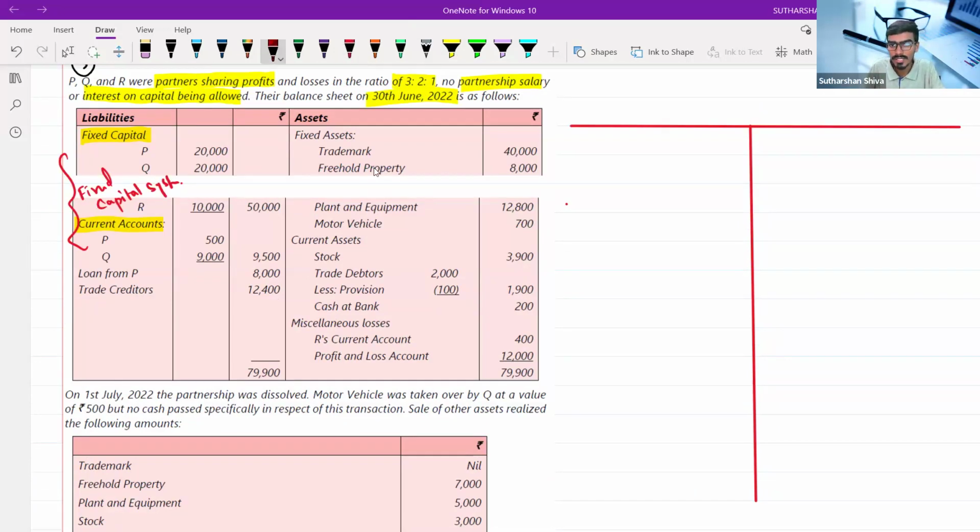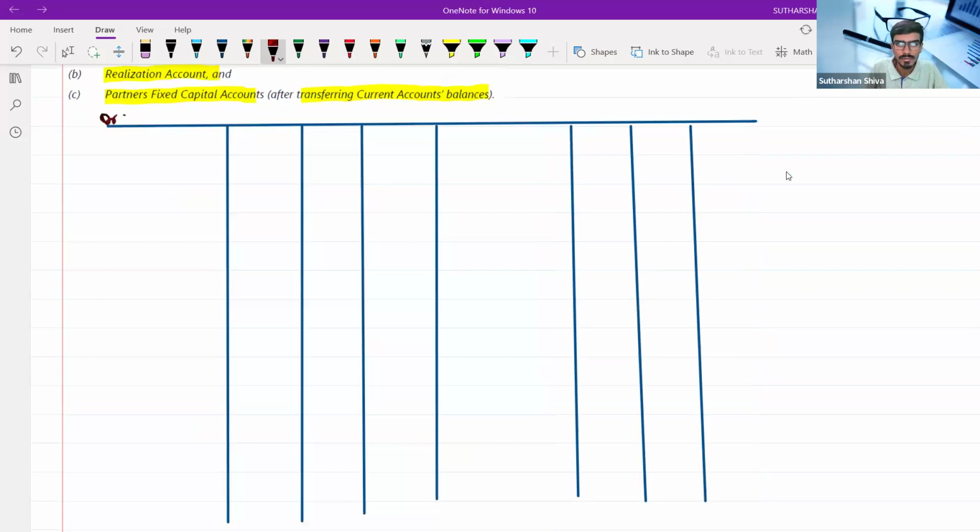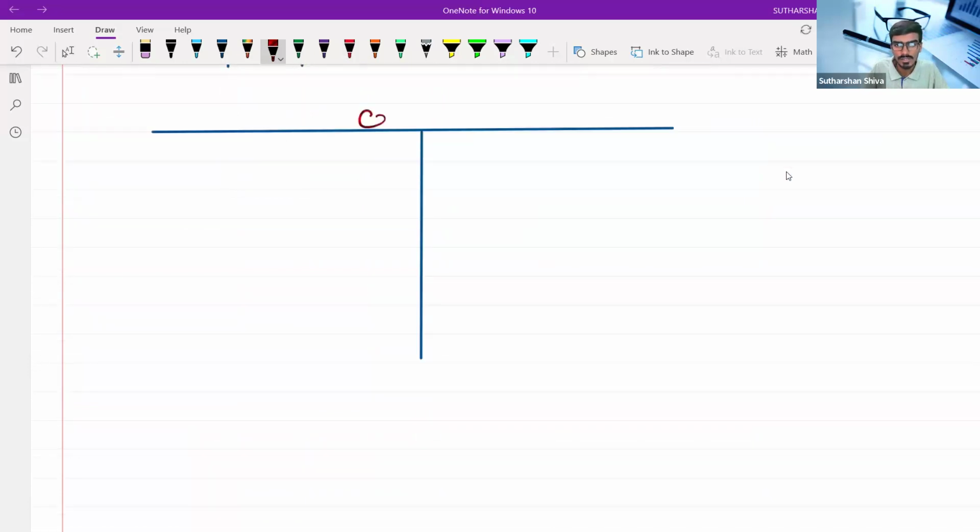First, we will prepare the realization account, and then the partners' capital account. Next one is the cash and bank account, or cash account.